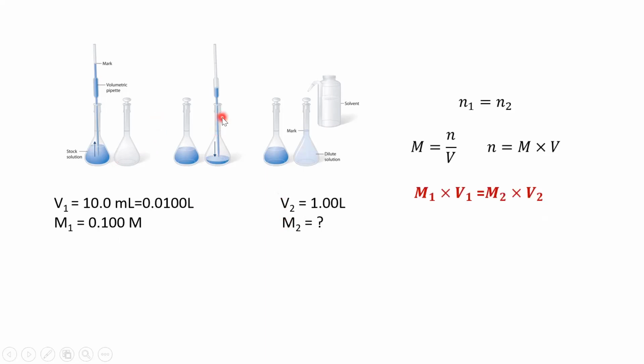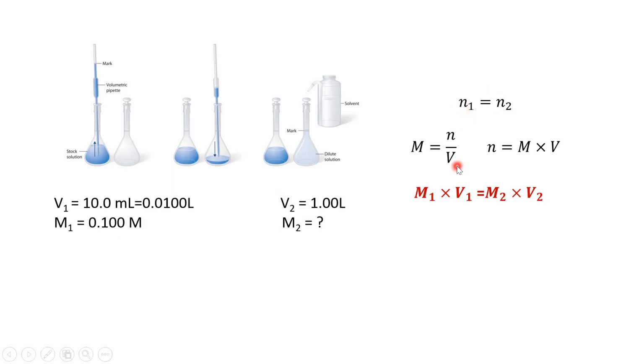Now, the key to dilution problems is that the total number of moles of solute you had in the original solution is the same as the number of moles of solute you have in the diluted solution. We're not changing the amount of solute. But we are changing the volume of the solution, which in turn changes the molarity.